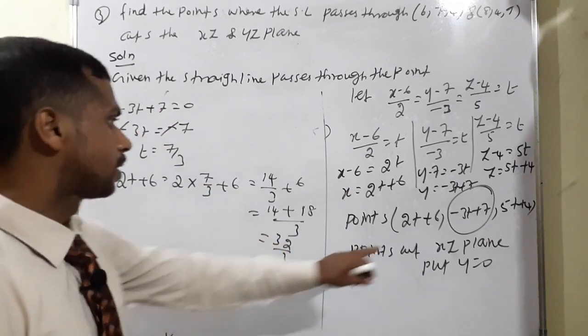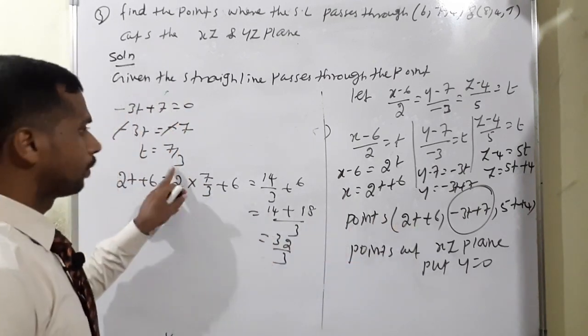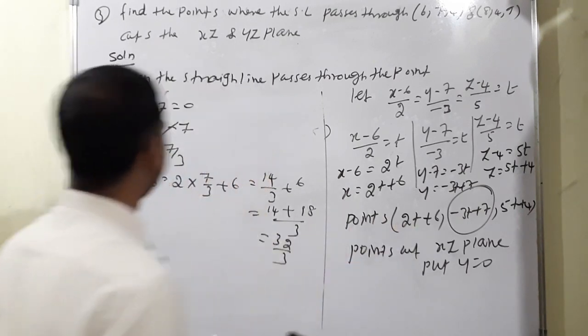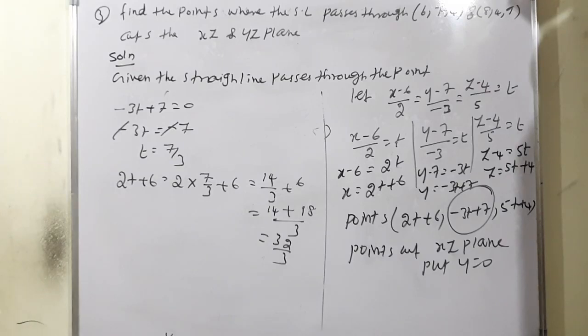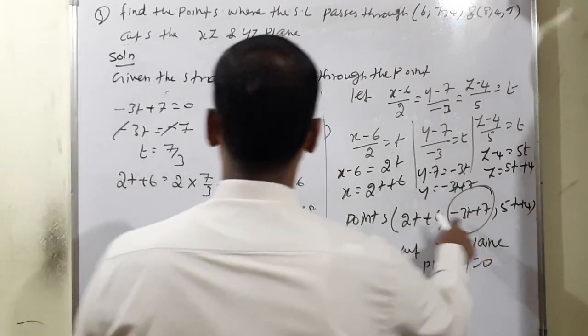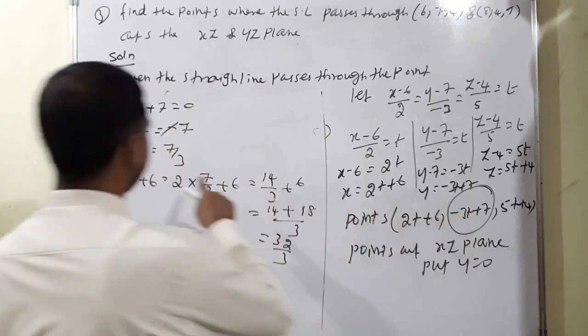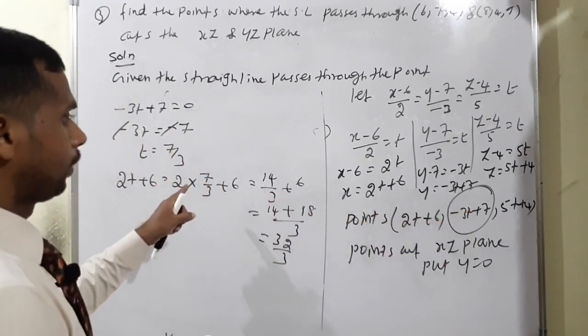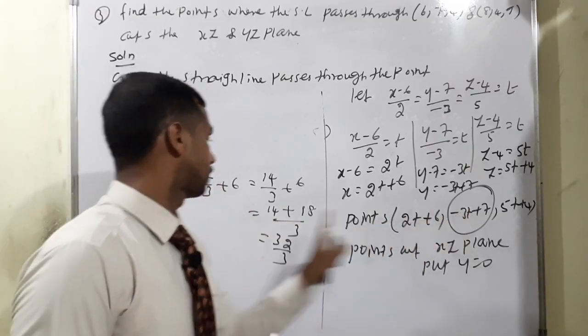Second condition, if you apply t is equal to 7 by 3, definitely 0 will come. Minus 3t: instead of t we can apply 7 by 3, 3 3 cancel, so minus 7, minus 7 plus 7 means value 0.